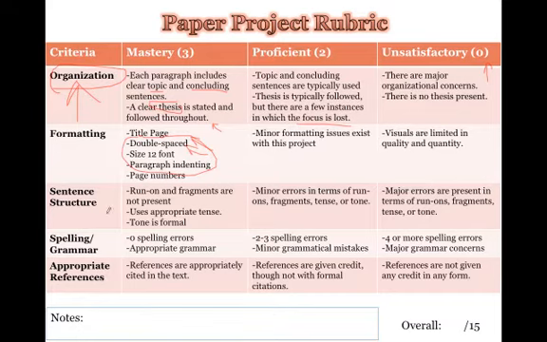For sentence structure, run-ons, fragments, those are some issues that we need to make sure we address. Using appropriate tense. Now, typically you want to write in the present tense. The only thing here is that when you are writing a history paper, oftentimes you do want to use the past tense. So use whatever tense is appropriate. And also your tone needs to be formal.